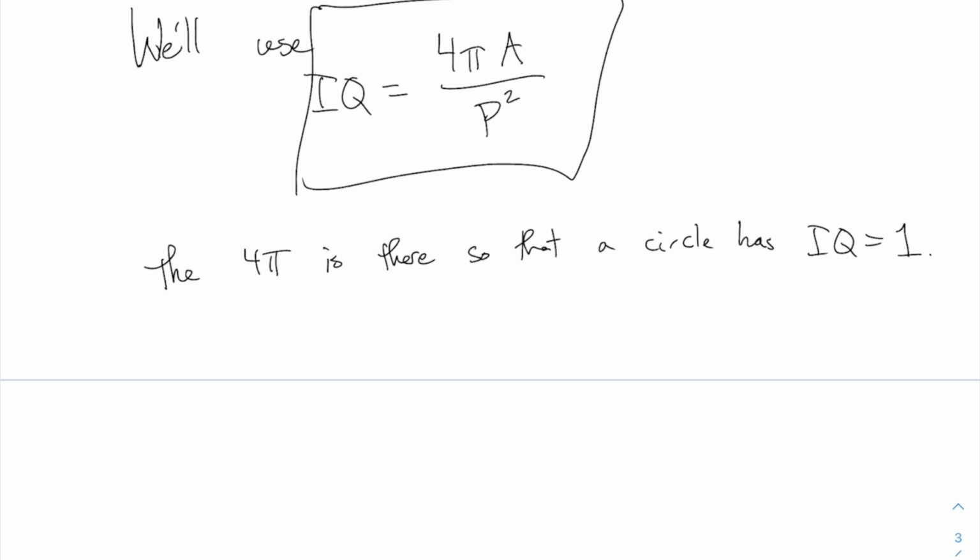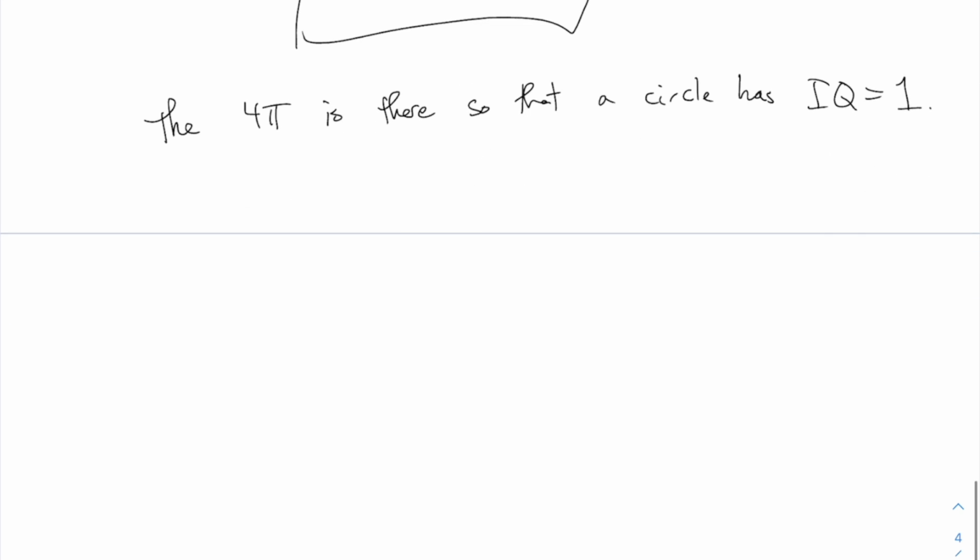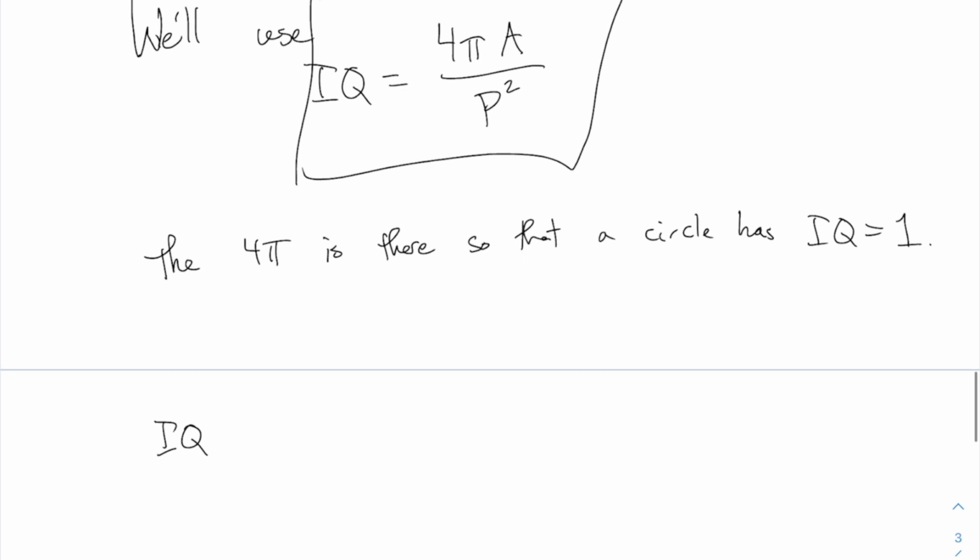Can I just tell you a little bit about the isoperimetric quotient? So this is what, in mathematics, we call the isoperimetric quotient, and it has that formula. When this is used in politics, when people are talking about the shapes of gerrymanders or whatever, they don't call it the isoperimetric quotient.